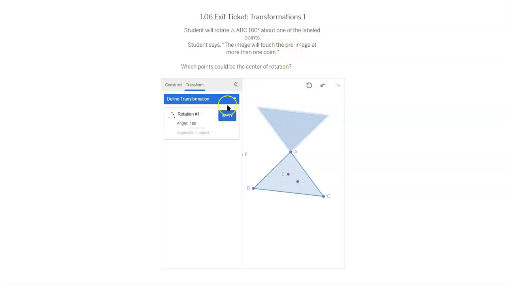So instead, let's try E. Notice E will touch.